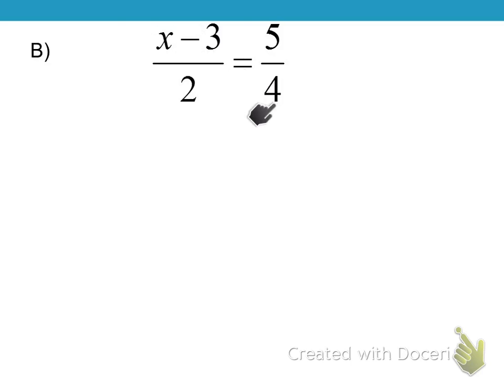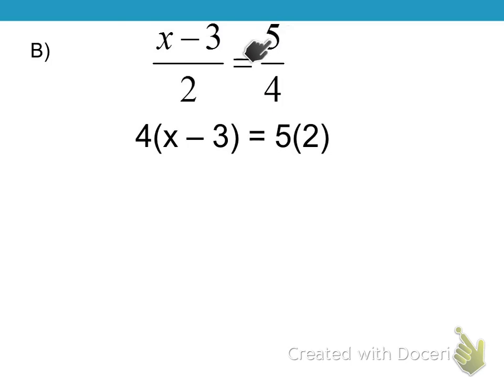So we're going to have to use parentheses, okay? So the next step will be these two. So it'll look like this. 4, in parentheses, that whole quantity in the numerator, x minus 3, equals, multiply the other way, 5 and 2 gives us 10.